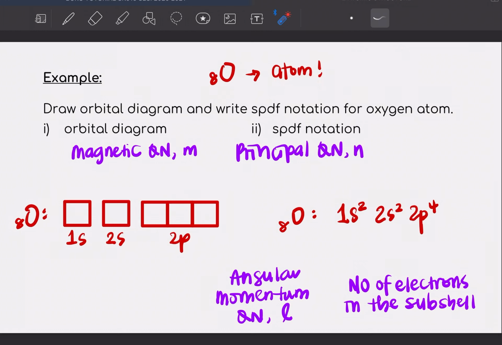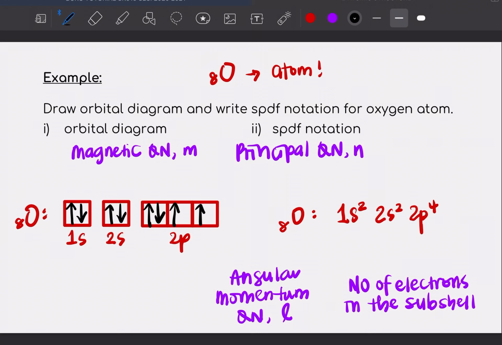So let's fill in your electrons in the orbital diagram. You have to draw your orbital diagram nicely first: 1s, 2s, 2p, and then you will fill in your electrons. 1, 2, 3, 4, 5, 6, 7, 8.